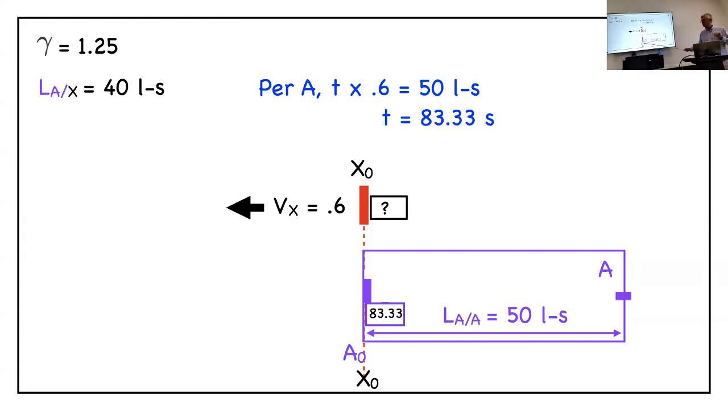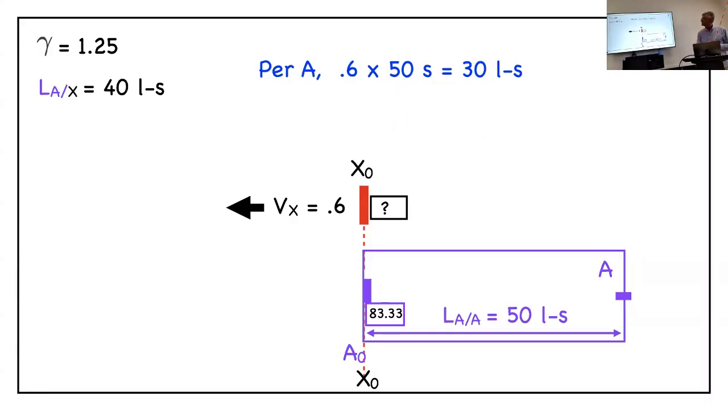Let's look at it a little differently. I tried to make the case that this should say 83.33. Now, a different way to look at it is to say, remember those first 50 seconds? A naught was traveling during those 50 seconds. How far did it travel? 0.6 times 50 was 30 light seconds.